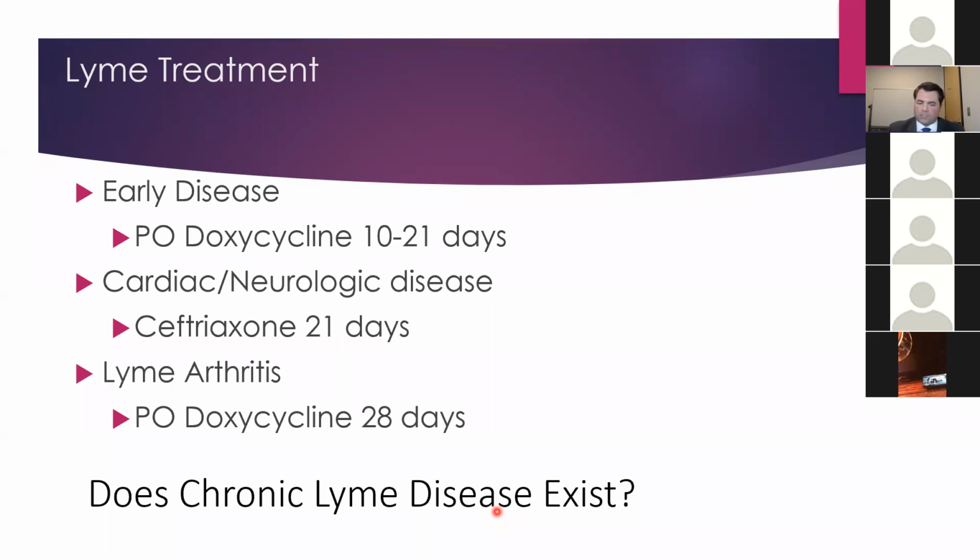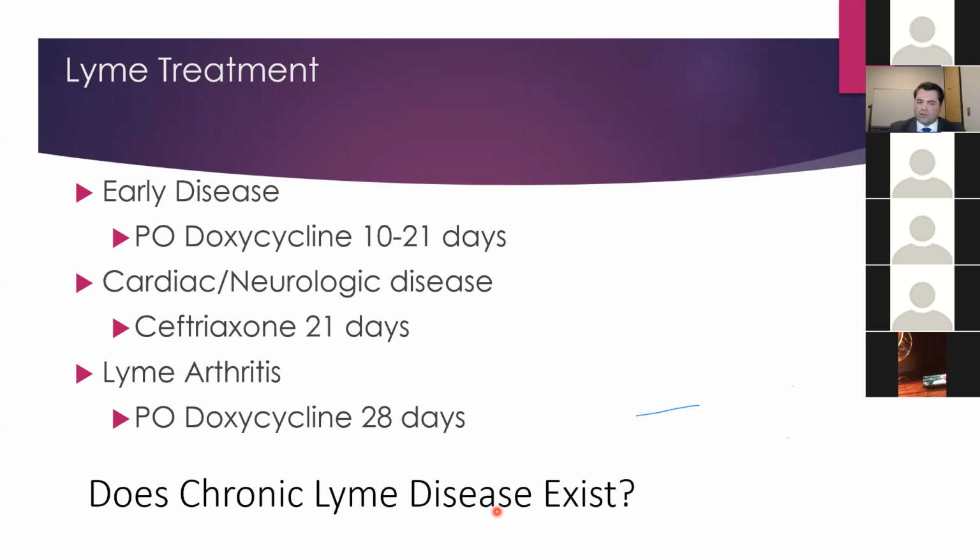And one of the reasons it's controversial is that politics gets involved. Even just recently, I think in February, in Arizona, they tried to vote on it, saying that chronic Lyme disease does exist and it should be treated longer. So when politics gets involved, they're voting on it instead of using scientific criteria.